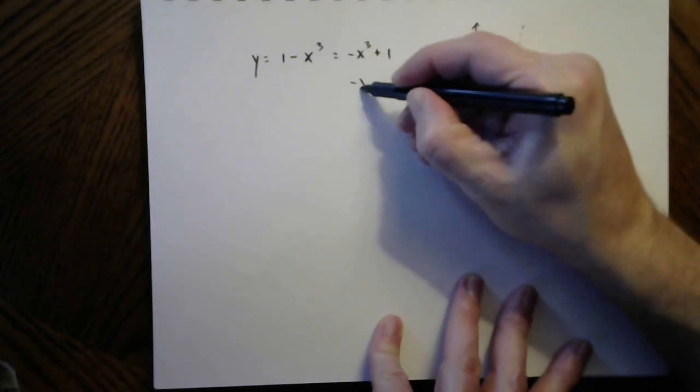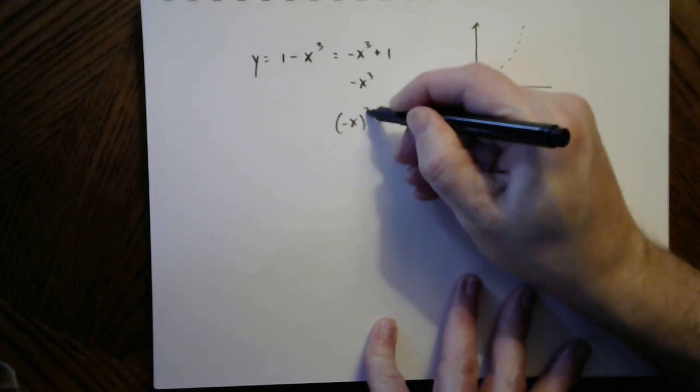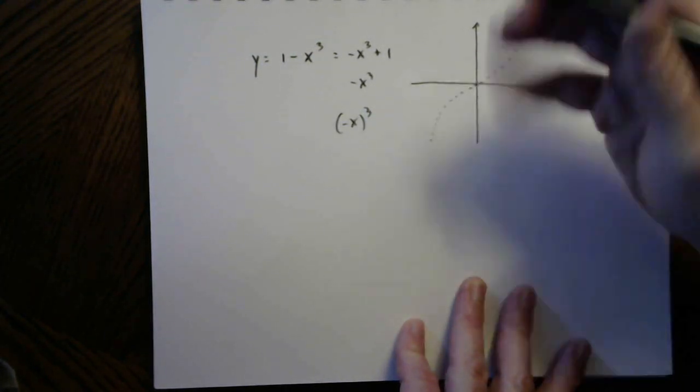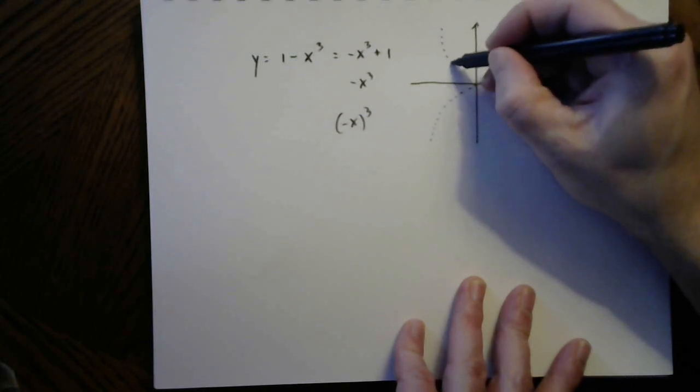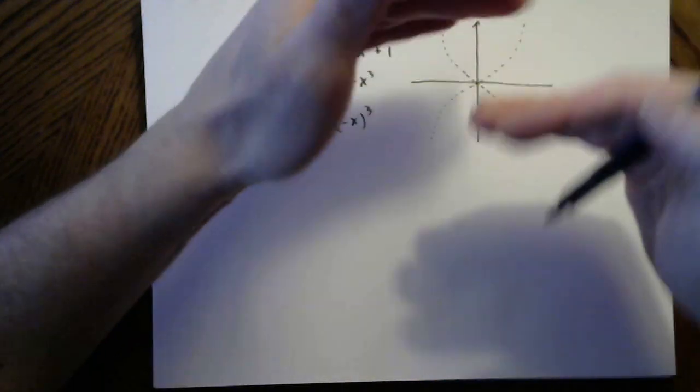So the first thing I'm doing is negating the function. Well, that's different than, say, this, which is negating the variable, right? So that's going to flip it over the x-axis. So this is like a wire it's being spun around on.